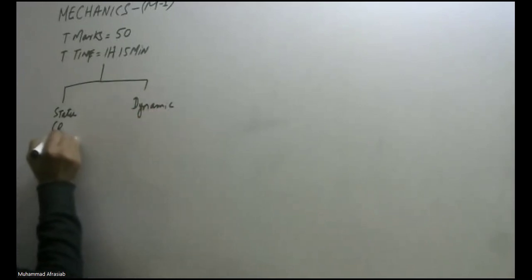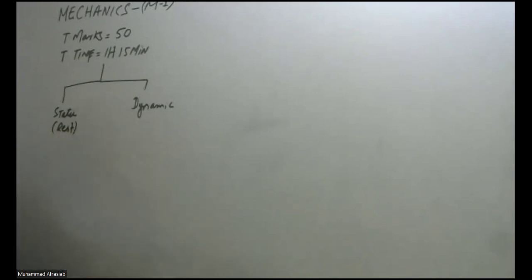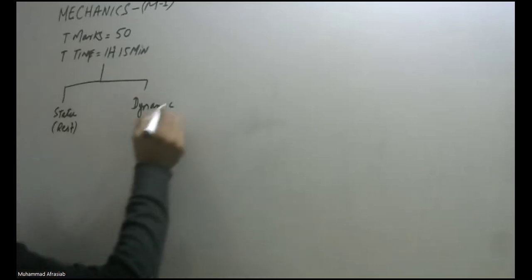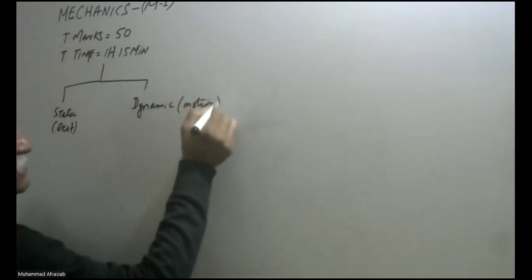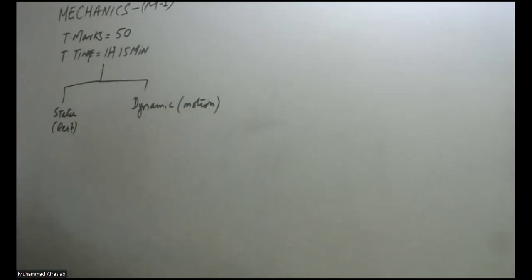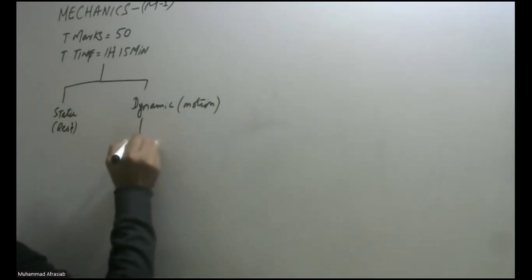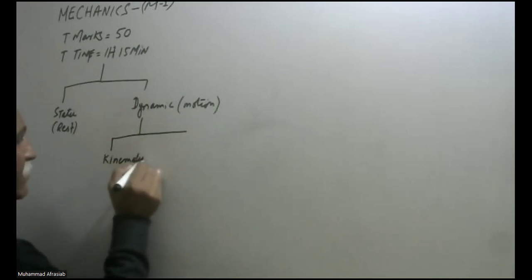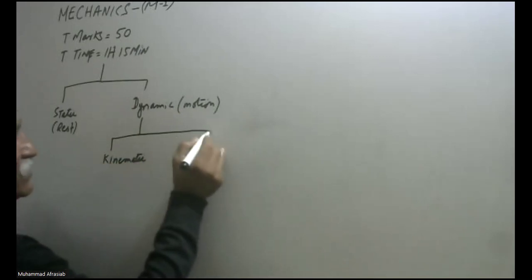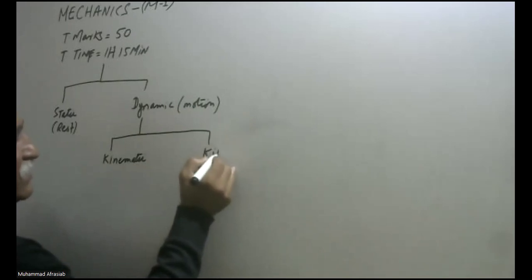Static is when the particles are at rest and then you are going to consider the properties, and dynamic means when the particles are in motion and then you are going to discuss the properties. This dynamic part is further categorized into two. One is called kinematic and the other is called kinetic.